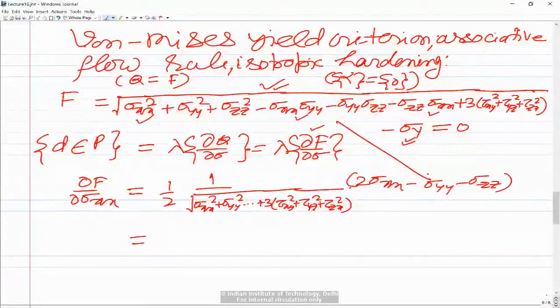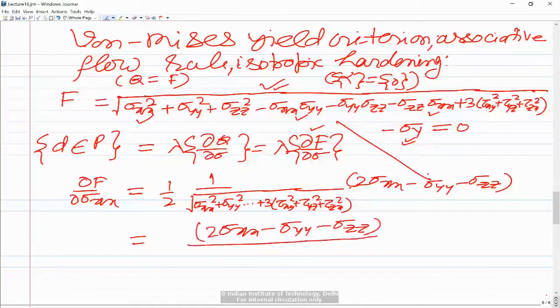Because f is equal to 0, whatever we have inside this square root sign is actually equal to sigma y. So you can write this whole term as twice sigma xx minus sigma yy minus sigma zz, divided by 2 into sigma y.